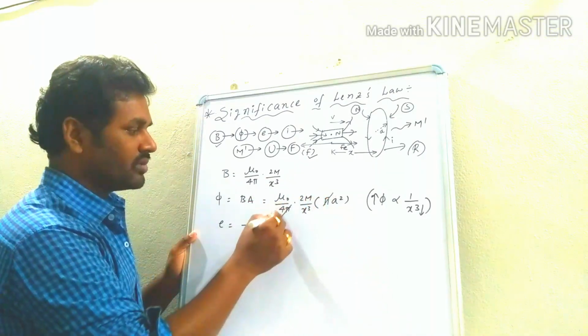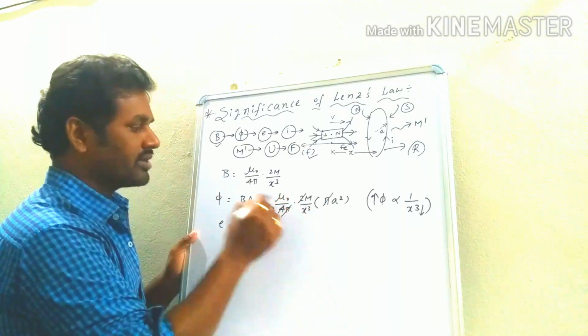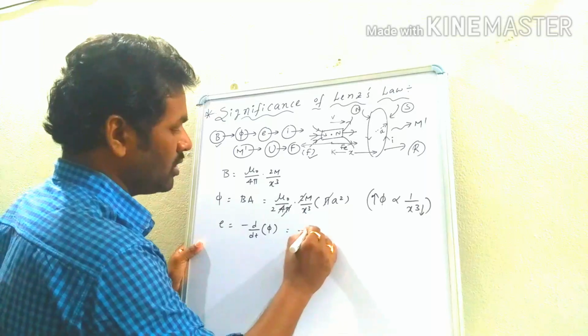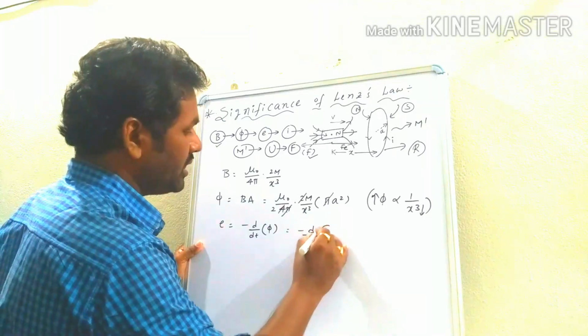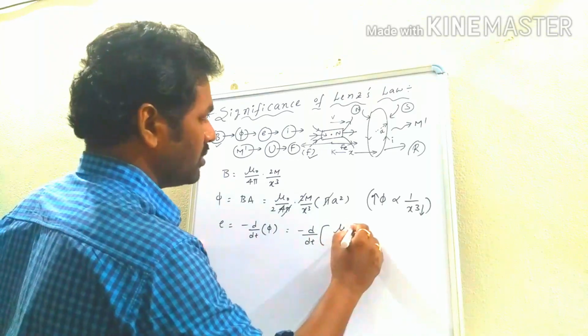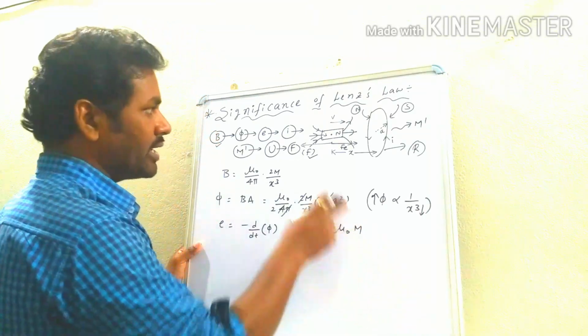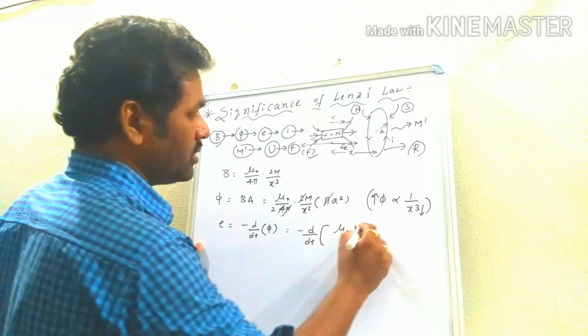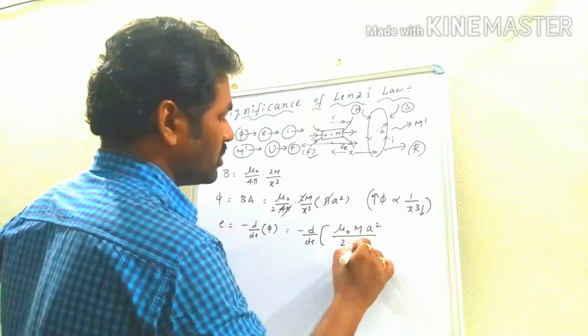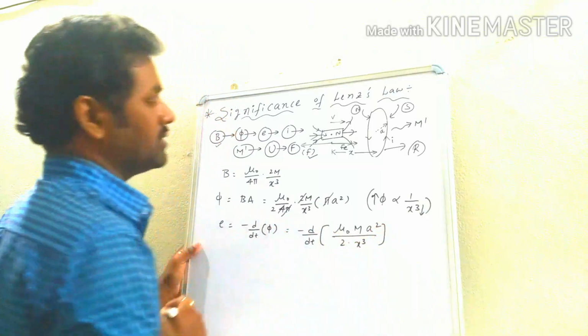The pi, the 2 times get cancelled, and we take this expression, which is equal to minus d by dt of how much? Yes, mu naught into m, the magnetic moment of the bar magnet, into A square divided by 2 into x power 3.